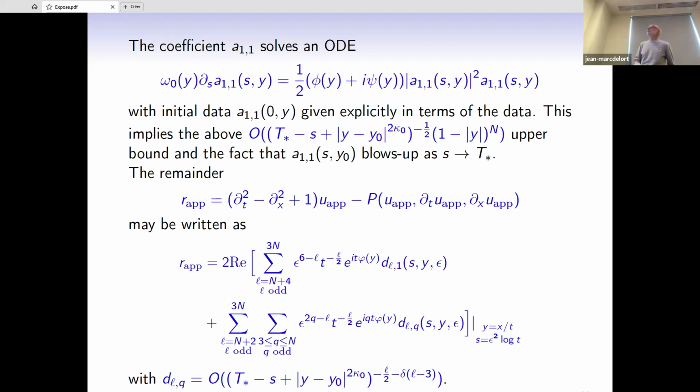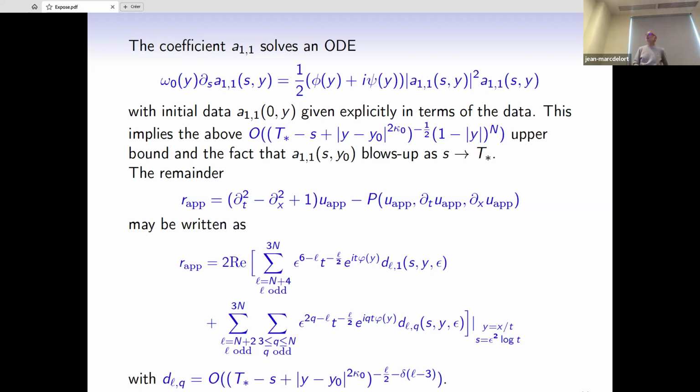So in that way, one has constructed an approximate solution. This approximate solution, because of the behavior of A11 that I explained, satisfies the inflational properties that we have introduced above.